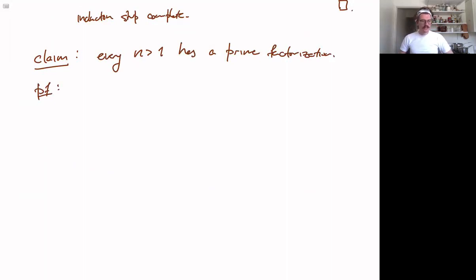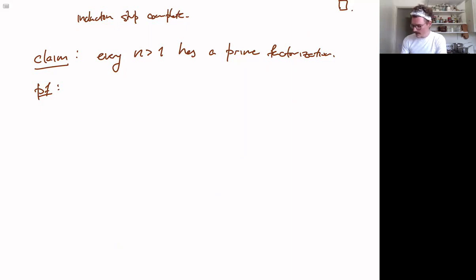We essentially proved it by saying that if n is not prime, then we can break it into smaller numbers, and then either those are prime or we can break them into smaller numbers, so on and so forth. And now you can see that's kind of a strong induction thing. So if we can break n into smaller numbers, those are going to be our induction hypothesis. So let's run it through.